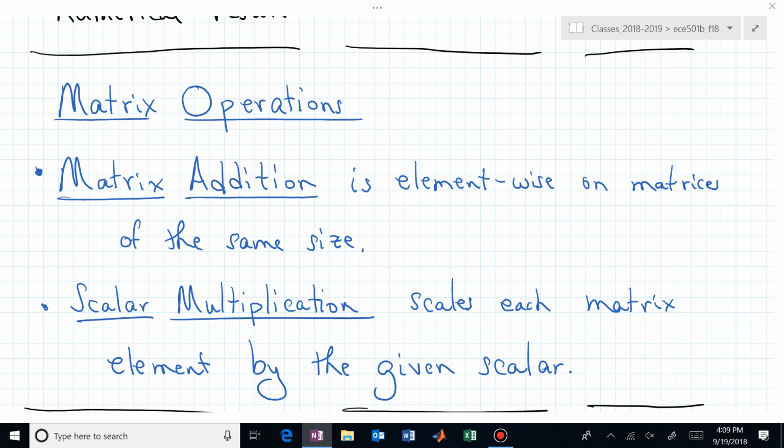You have to have matrices of the same dimension or the same size, and if that's the case, then you can just add the elements at the appropriate location. Scalar multiplication simply scales each element in your matrix by that same factor.